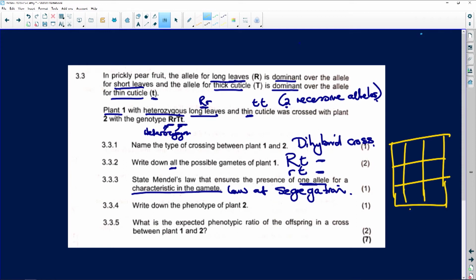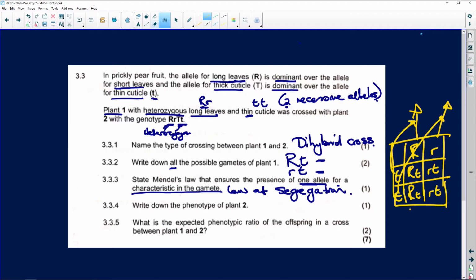You're going to have R and R and T and T. There you go. So you're going to have R and T, R and T, R and T, and R and T. Okay, but this is going to end up in a gamete, that's going to end up in a gamete, and this one and that one. And that's how it works, people. You're always going to have those combinations.